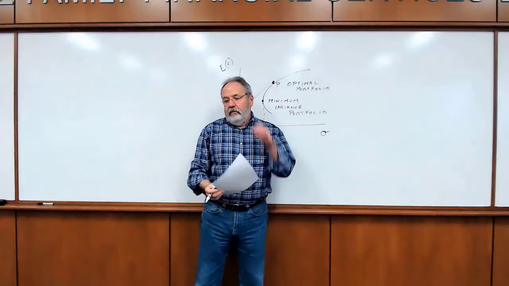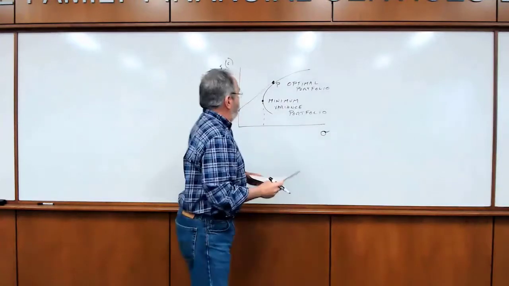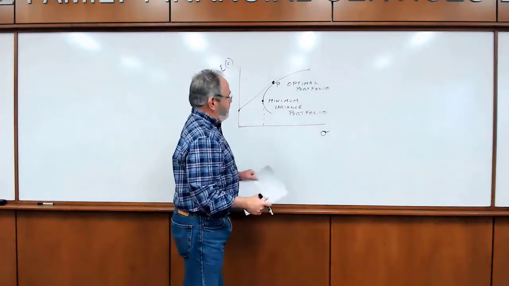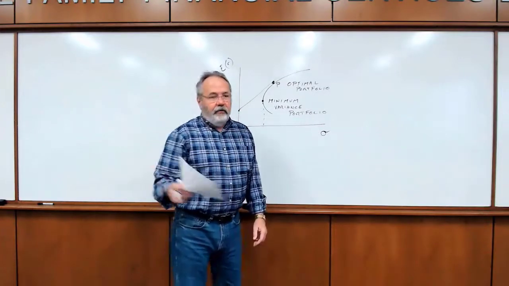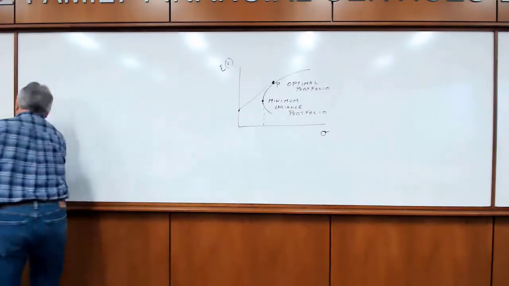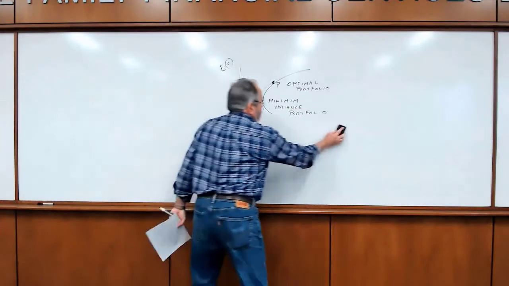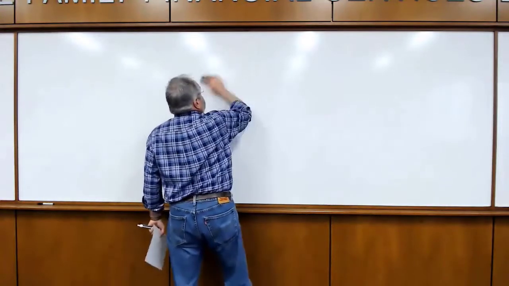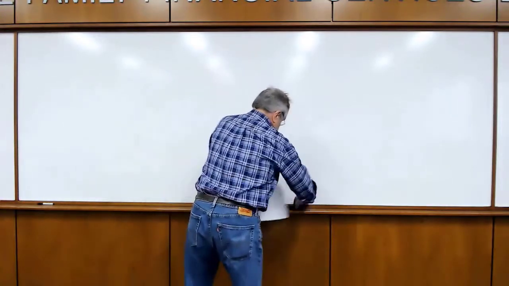Okay, so that's the idea of what we're doing here. This is largely what happens in Chapter 7. I want to give you two formulas to calculate these things. So we'll do this.